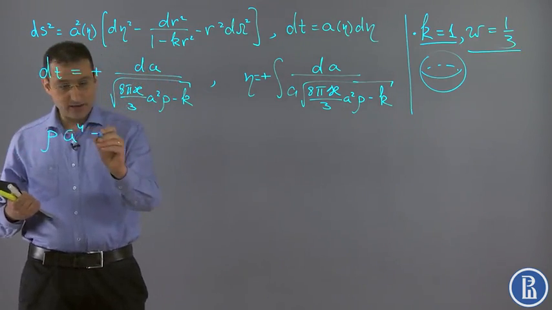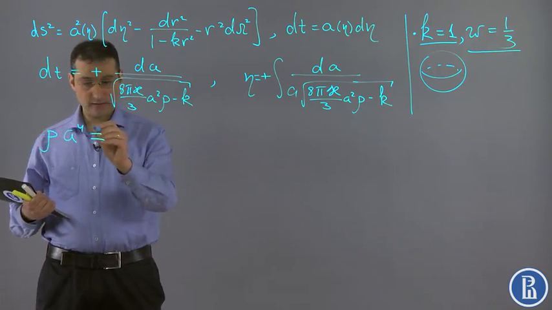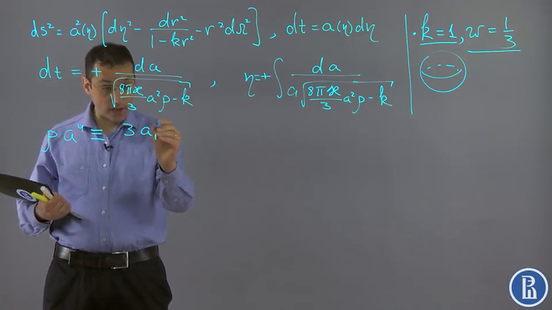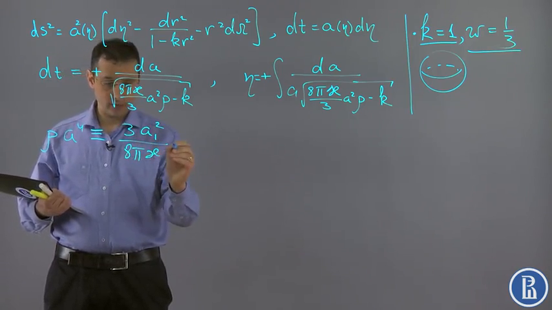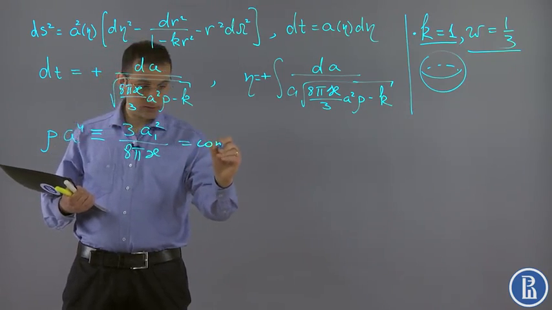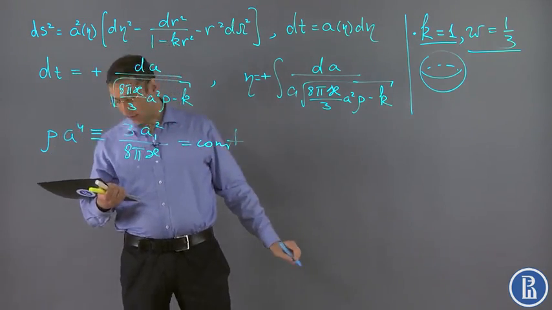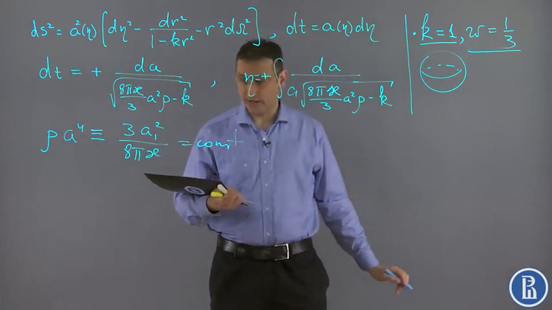Let us denote this constant as 3 A1 squared over 8 pi kappa. This is a constant, for convenience reasons.